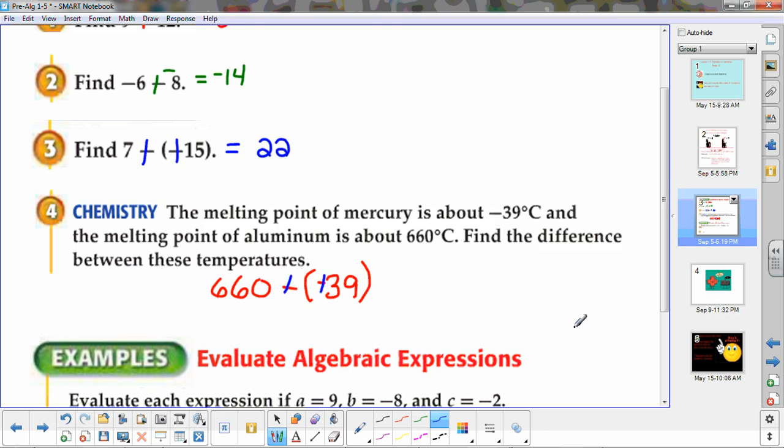You have 660 plus 39. And you get 699 degrees Celsius.